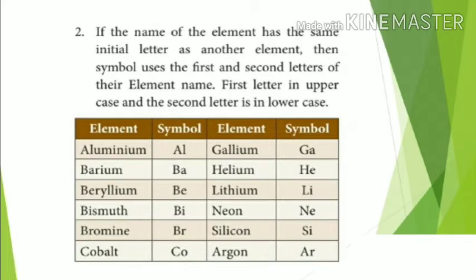For barium, Ba. For beryllium, Be. So first letter in uppercase, that is capital letter, and second letter in lowercase, that is small letter. You can see some other examples for this case in this table.